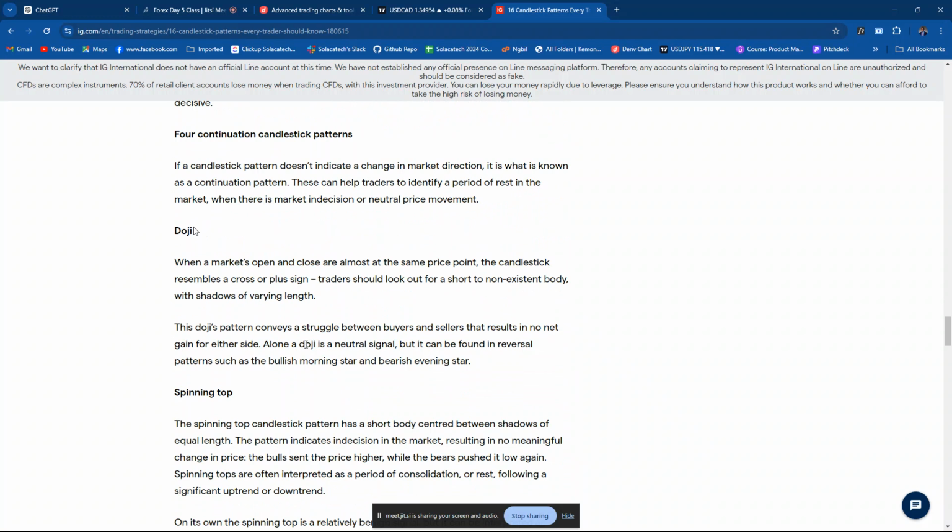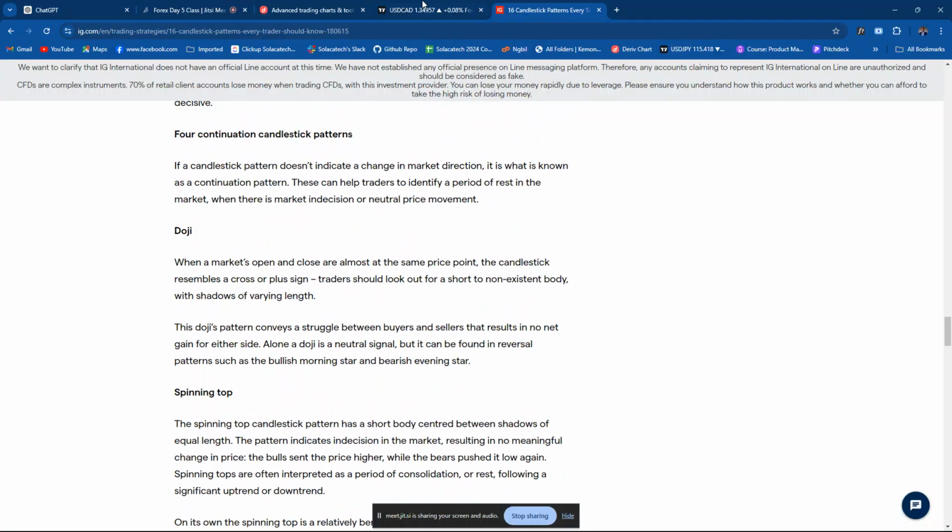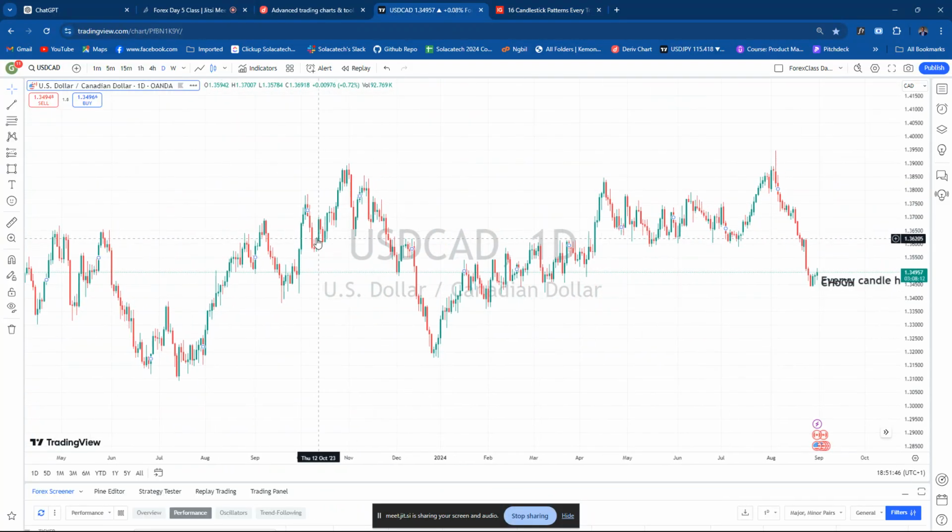It's a very old book, and you can read it to learn more about candlesticks and their patterns. But trust me, candlestick patterns have about 50% market feasibility. Now this Doji is very simple.